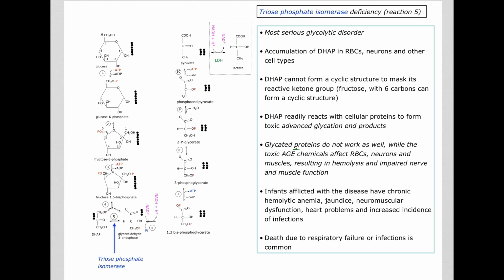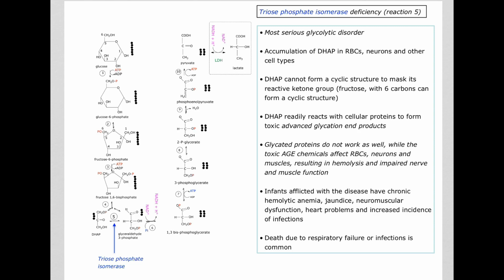These proteins that react with DHAP, what we call glycated proteins, do not work as well, and the AGE chemicals are toxic, and all of this leads to problems with red blood cells, neurons, muscles, and other cells. That results in the breakdown of red blood cells in the body, hemolysis, impaired nerve function, as well as impaired muscle function.